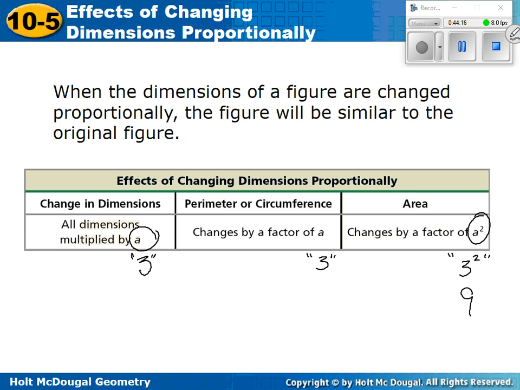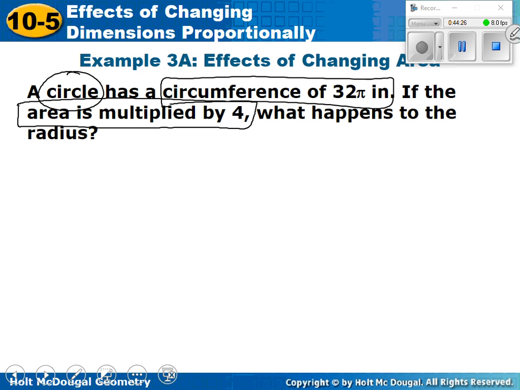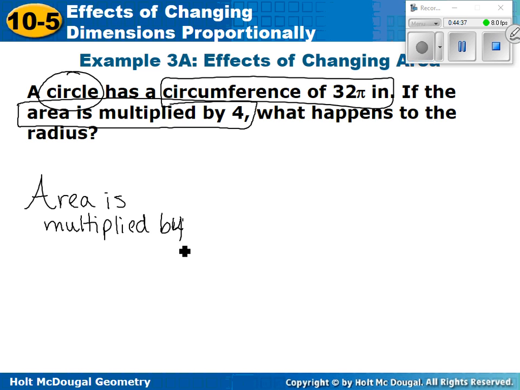Is everybody with me there? If I know a squared and I want to know what is a, I'm going to have to take the square root. Okay, so over on this question, when it said the area is multiplied by 4, again, we have to decide, are we changing one dimension or all dimensions?